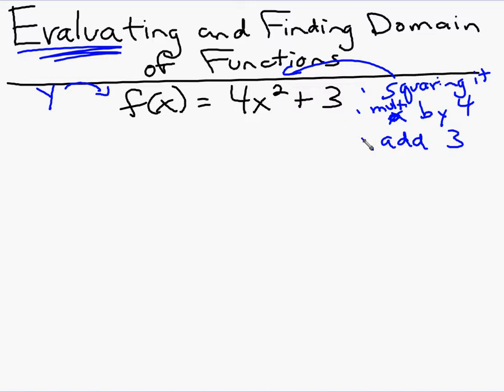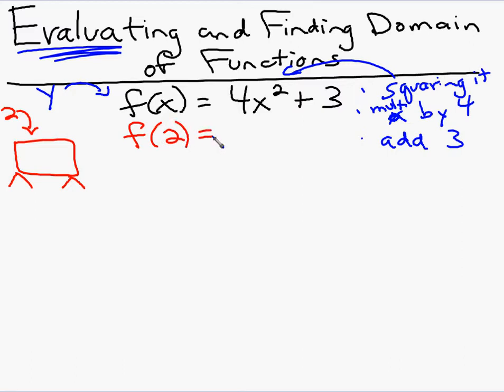So when I put a particular value into the function machine, and you remember we drew our little function machine the other day, let's say that I put in a 2. Well, with our notation here, we would write f of 2.